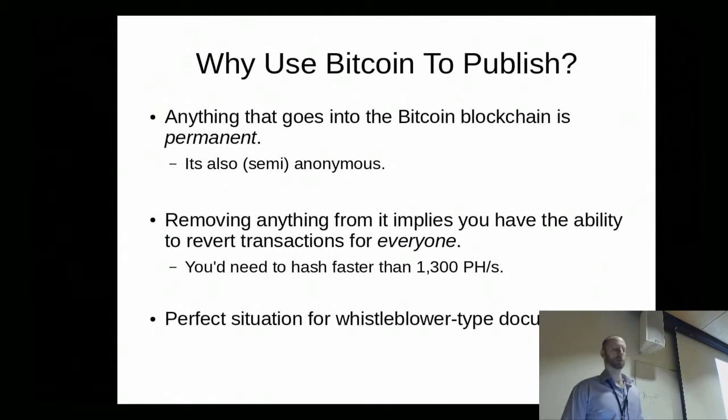That's just a massive amount of computing power, so it's very unlikely that anybody else has that amount of power. So this is the perfect situation for whistleblower-type documents. If you could figure out a way to put data into the Bitcoin blockchain, which is the transaction log, those documents are going to be there, available to everybody, and they're going to be there forever.